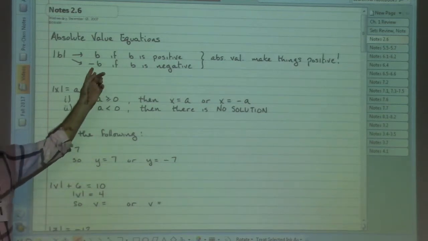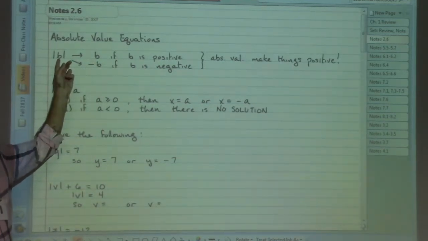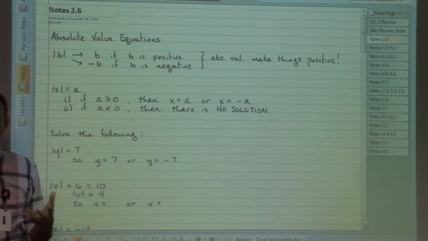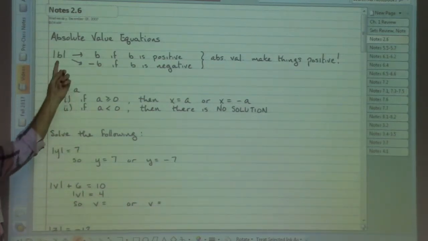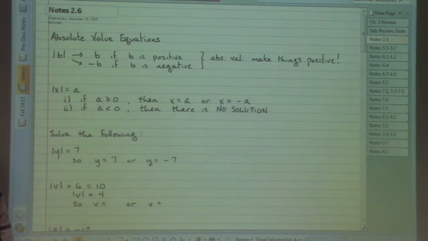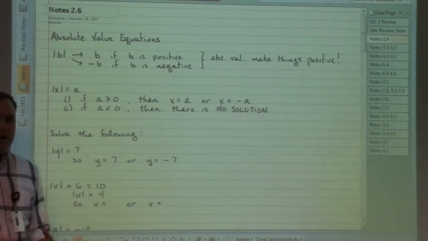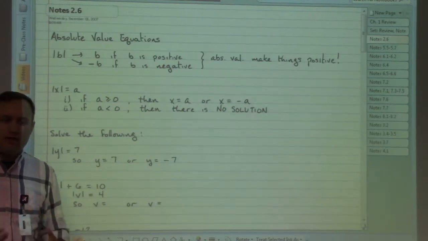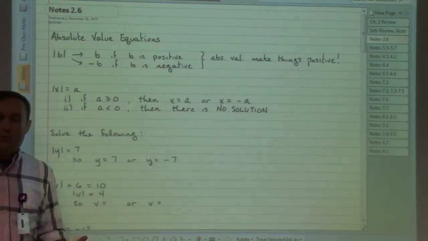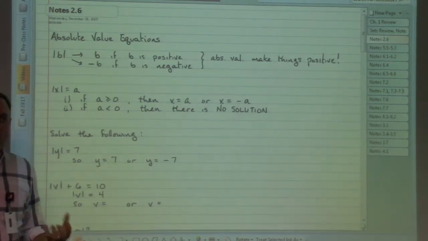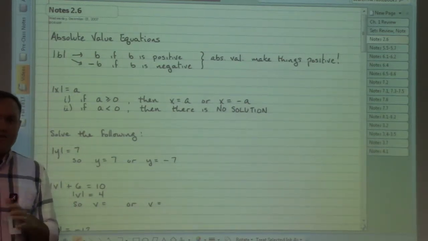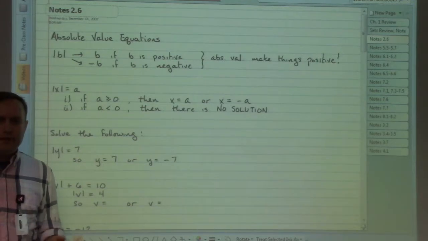It could be a negative number that goes inside that math jail. And it could be a positive number, a wrongly convicted math number showing up inside that jail as well. So with those two different possibilities, those absolute value bars are kind of blocking us from being able to work our equation. In order to get rid of those absolute value bars, I have to consider these two different possibilities.